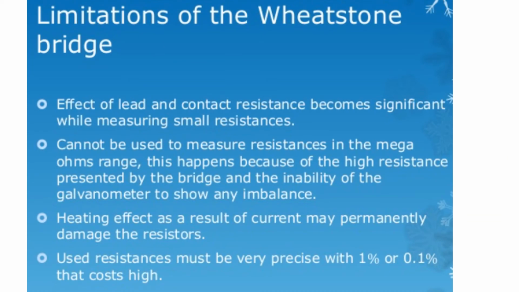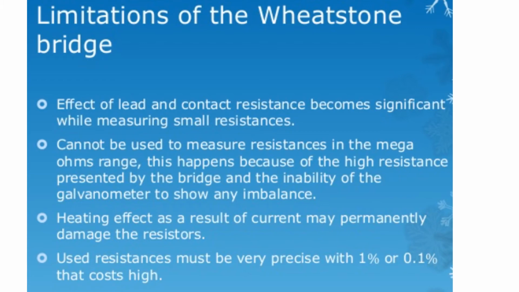We have seen the working of the Wheatstone bridge. Next are the limitations of the Wheatstone bridge. The main limitation is that the effect of the lead and contact resistance becomes significant while measuring small resistances, and it cannot be used to measure resistance in the megaohm range.